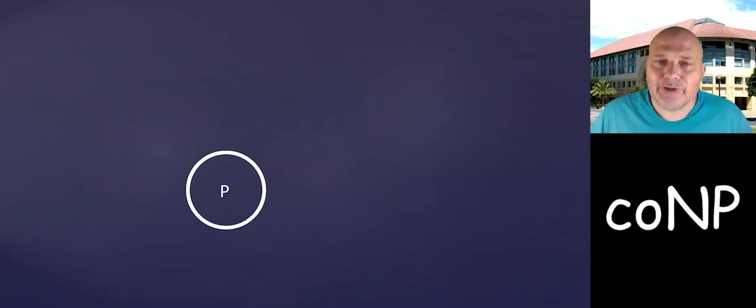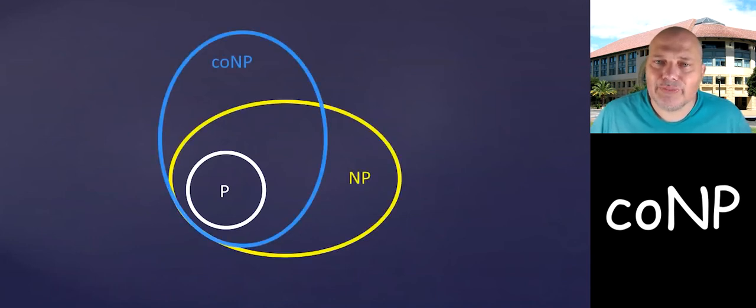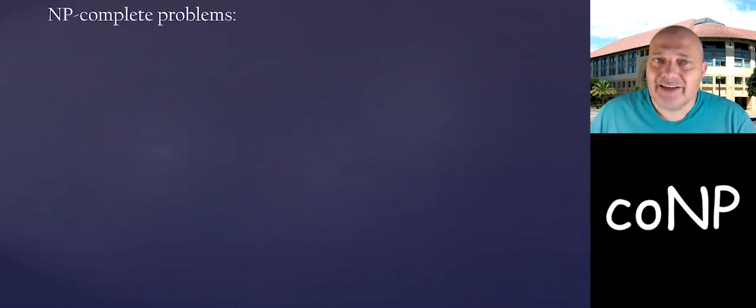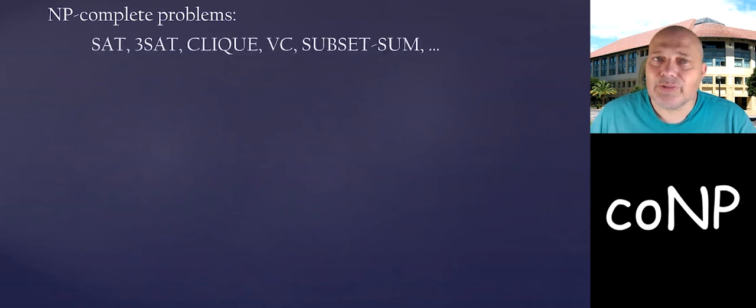So what do we have? We have P, we have NP, we have co-NP, we have SAT, which is NP-complete, and many other NP-complete problems. We have tautology and many other co-NP-complete problems. We have a few interesting problems within NP intersect co-NP, like factoring. So we have NP-complete problems: SAT, 3-SAT, clique.